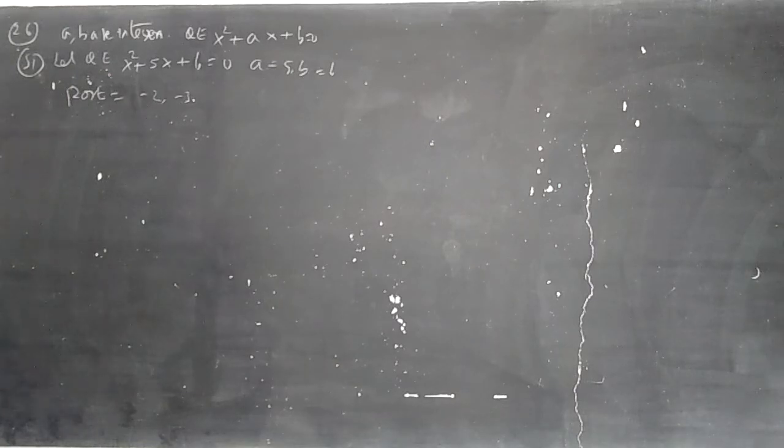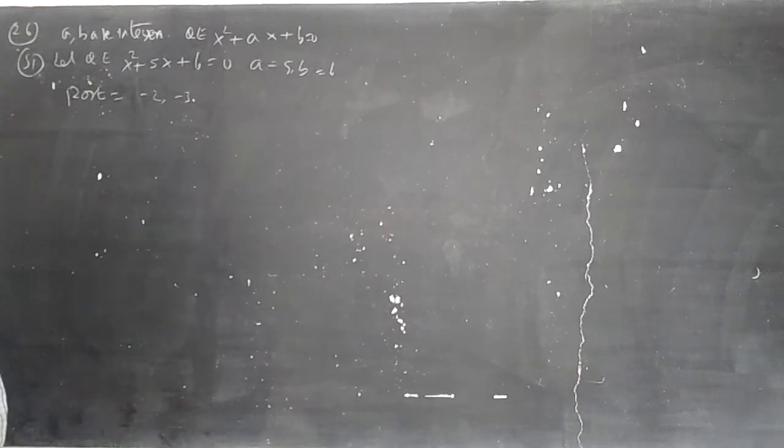If A, B are integers and roots of x square plus ax plus b equal to 0 are rational, then these roots must be integers. A and B are integers and the roots of x square plus ax plus b equal to 0 are rational.